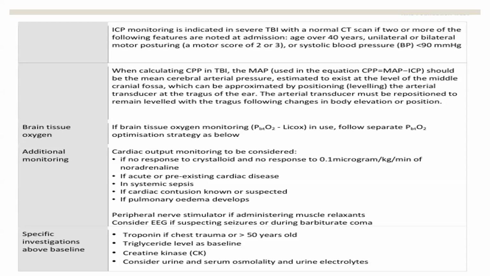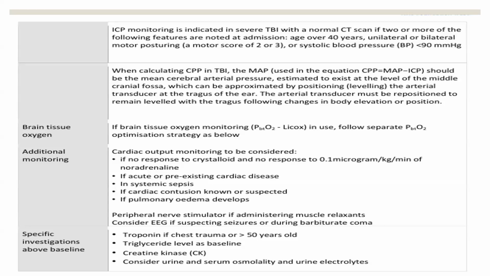Regarding brain tissue oxygenation monitoring, follow a separate brain tissue oxygenation monitoring strategy. Cardiac output monitoring to be considered if no response to crystalloid and no response to 0.1 microgram per kg per minute of noradrenaline, if acute and pre-existing cardiac disease, in systemic sepsis, if cardiac contusion is known or suspected, or if pulmonary edema develops. Then peripheral nerve stimulator if administering muscle relaxant.